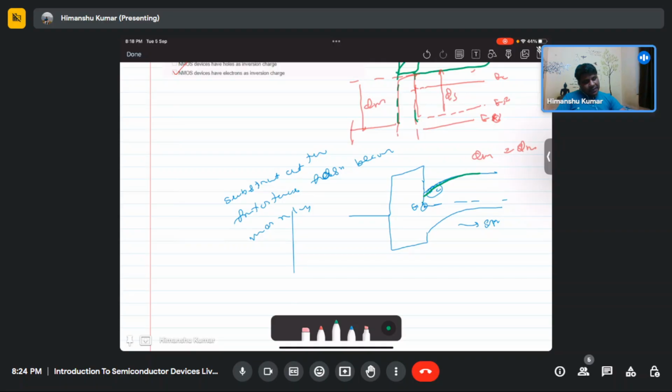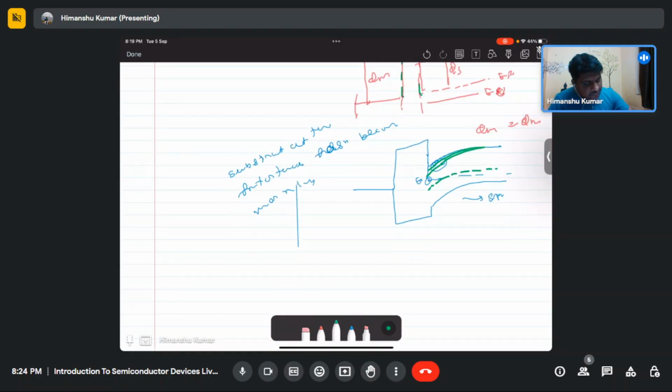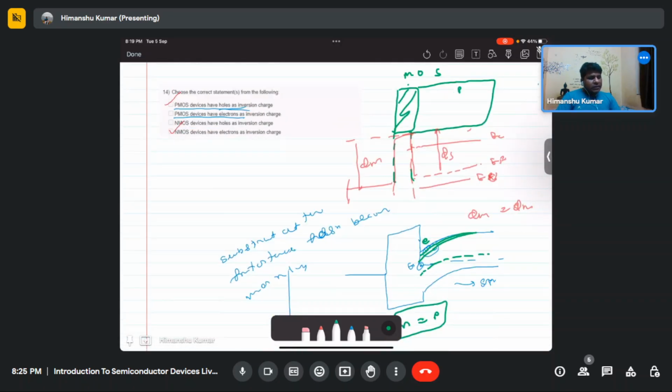Then it will become N-type when the concentration of electrons here becomes the majority charge concentration. So when n equals p, your inversion layer forms, and this is NMOS.